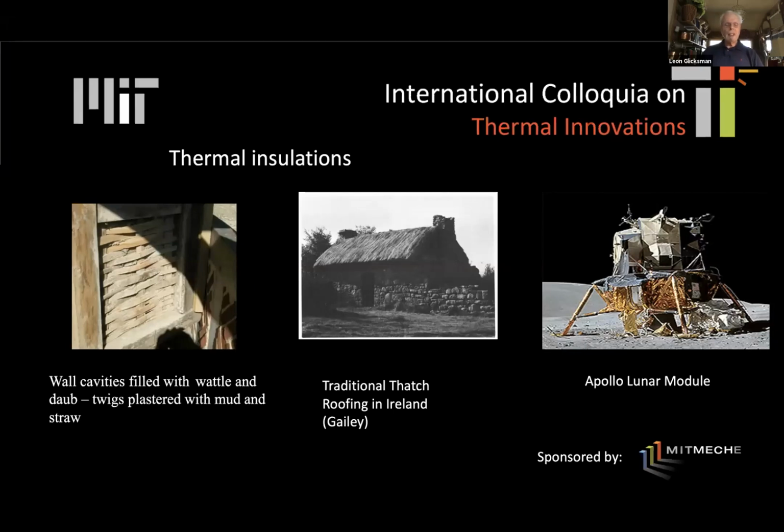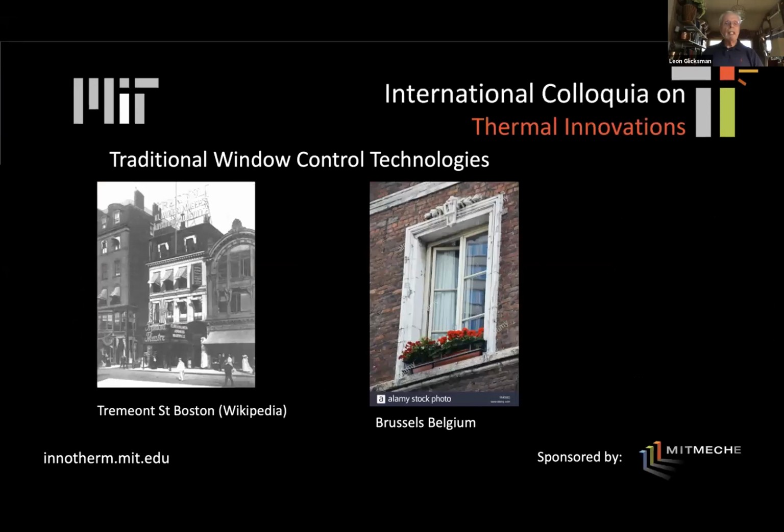I've often thought about what I can say about windows in terms of past performance. These are the two I came up with in terms of window control technology in previous days. In the first, simply by using awnings or shading on windows, one could adjust the amount of solar input to the interior, but at the same time cut off most of the daylighting.